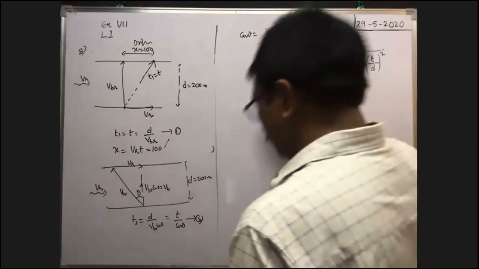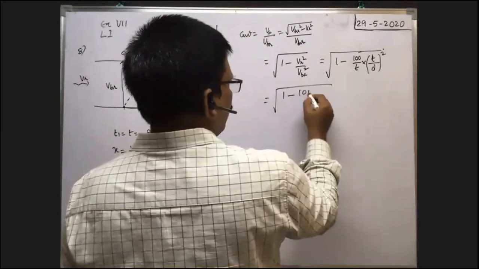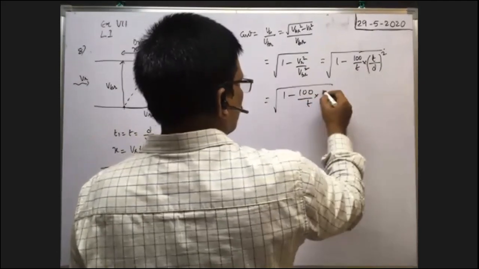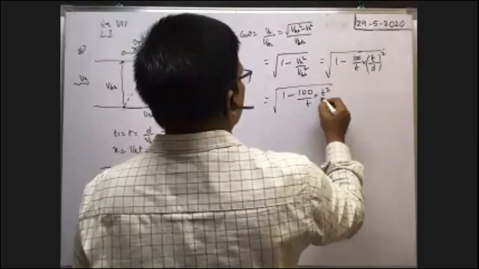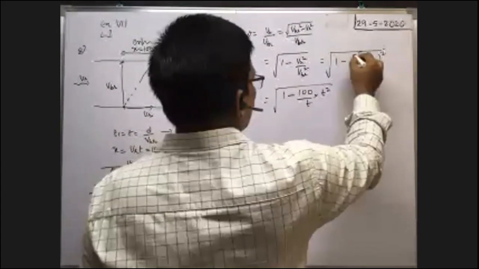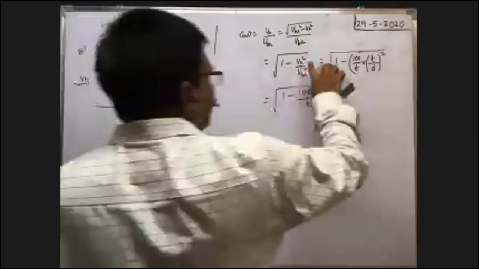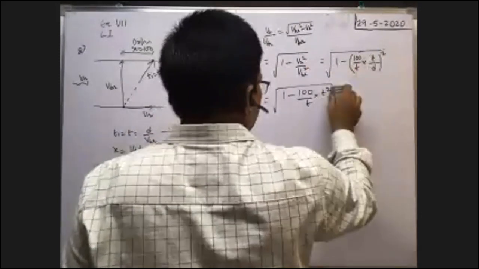So we get square root of 1 minus, 100 by t into t square by d square. Totally, we have substituted VR as 100 by t.